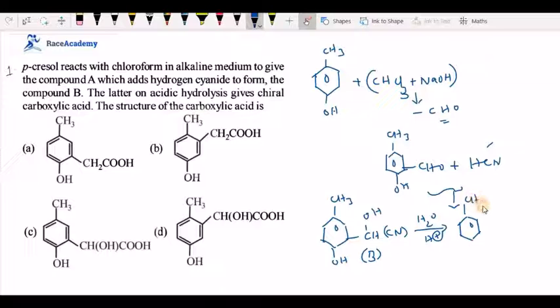So this will be CH3, this is OH, and here we have CH with one OH, and a carboxylic acid is also there. So this is the structure of that carboxylic acid. They are given to us. So what is the right option for this question? Option number 3, C, is the right option.